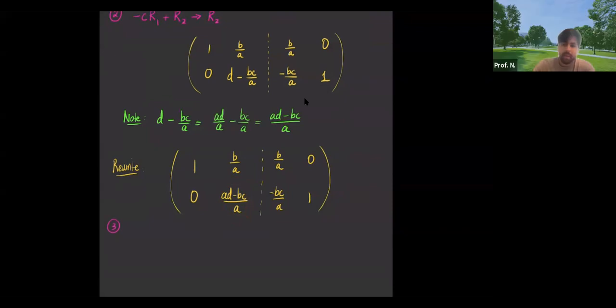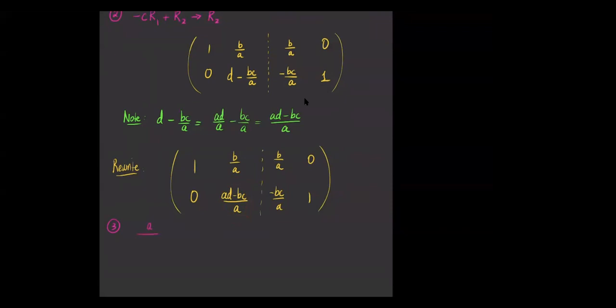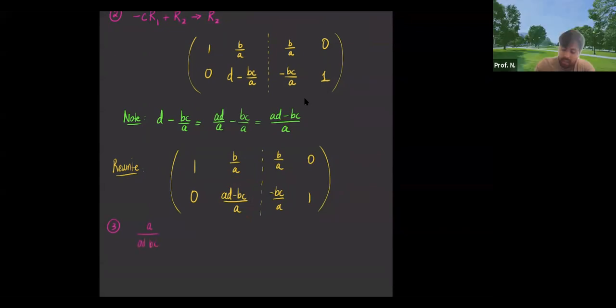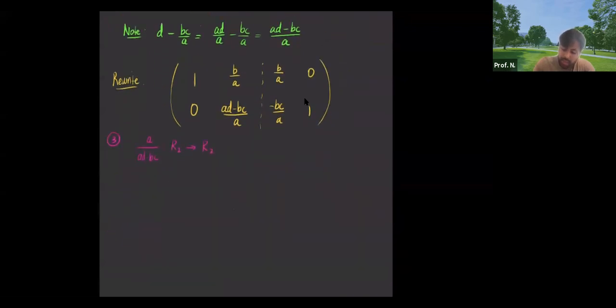Right. Multiply by the reciprocal, which would be what? A over AD minus BC. I multiply that to the second row, make that my new second row. And then when I do that, what happens? I get 1, 0. This becomes a 1. So the first row is left alone. I didn't do anything to the first row.